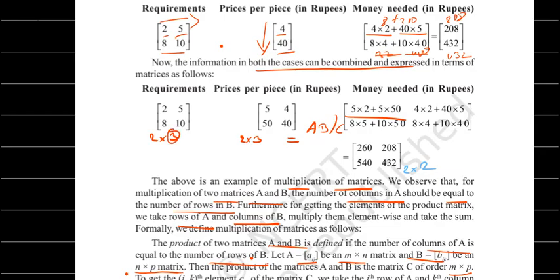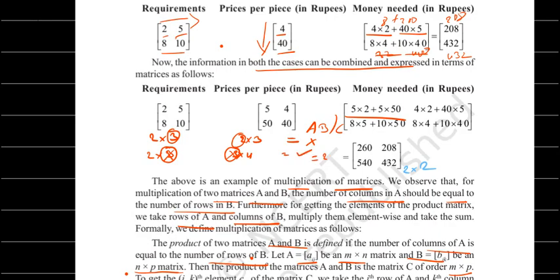This doesn't satisfy the condition. If you have 2 into 3 and 3 into 4, the number of columns in A is 3 and the number of rows in B is 3, so both get cancelled. For your easy reference, you will get a matrix whose order is 2 into 4.